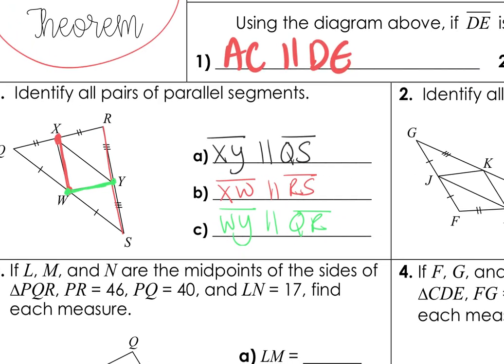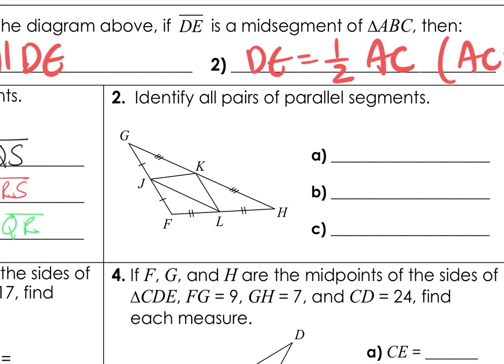All right, we'll take a look at number 2. I want you guys to take a moment and try that for me. See if you can come up with all the pairs of parallel sides. So hopefully we got JK is parallel to FH.